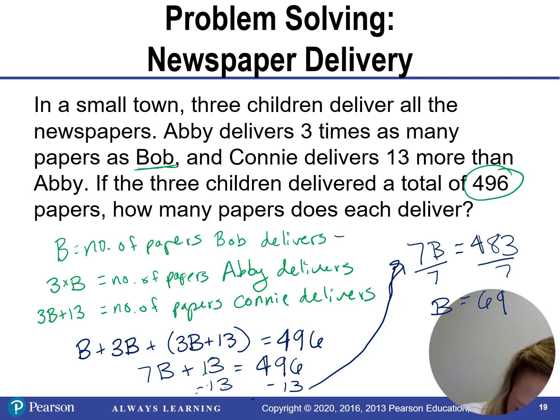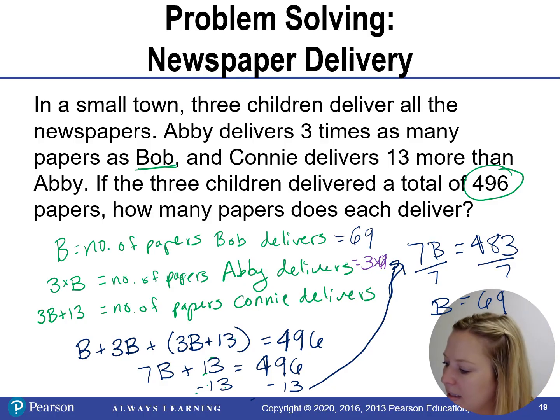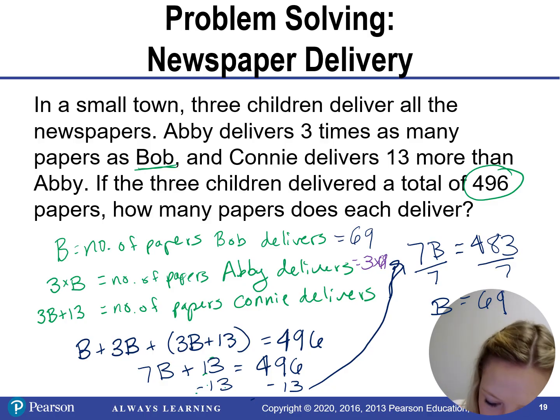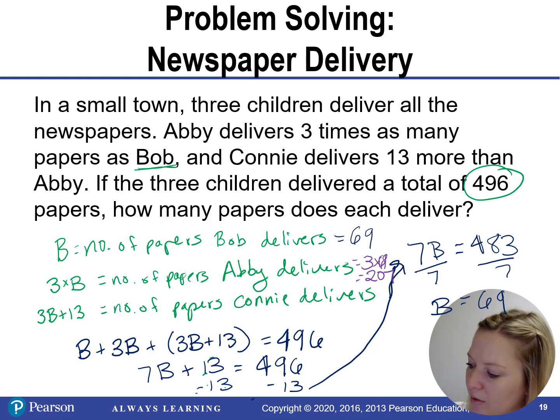So Bob delivers 69 papers a day, which means that Abby is going to deliver 3 times as many as Bob. So Abby delivers 3 times 69, and 3 times 69 is 207. And then Connie delivers 13 more than Abby, so we can add 13 to 207, and we get 220.